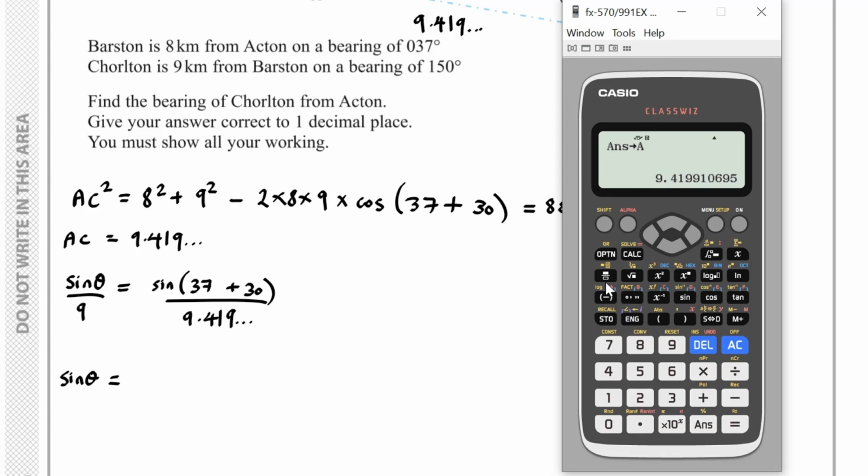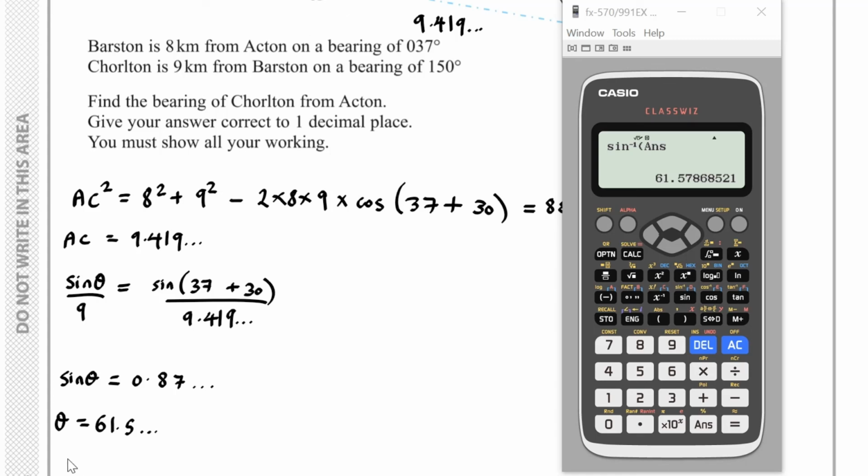So we have over here the sine of 37 plus 30 divided by this value, and then multiply this by 9. We end up with 0.87, etc. So theta will equal the inverse sine of this, which is 61.5, etc.